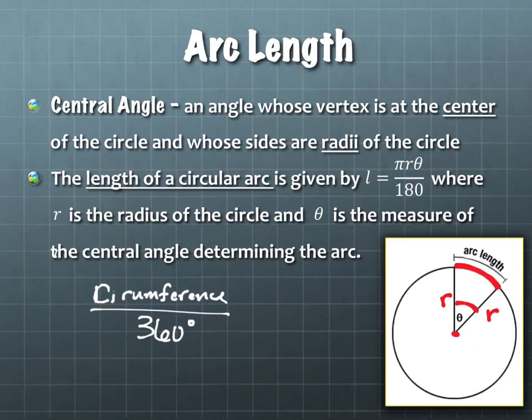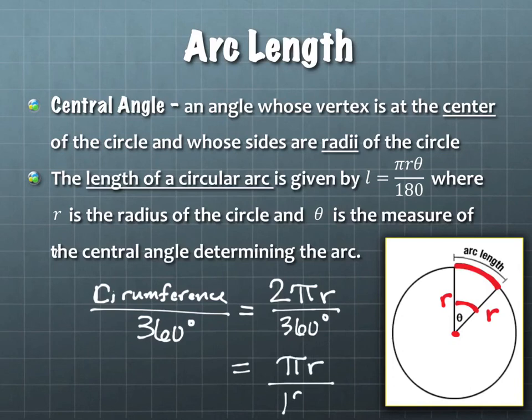If you spin all the way around the circle, you've spun 360 degrees. So circumference is 2 pi r, right? And then your 360 is down here. And then if you'll notice, this simplifies to pi r over 180. So that is where this pi r over 180 is coming from. They're coming from that relationship.